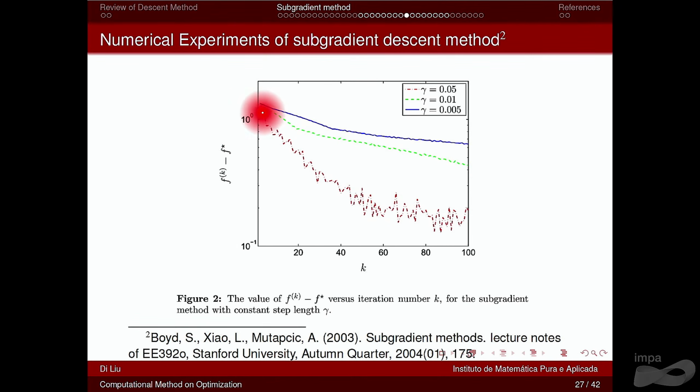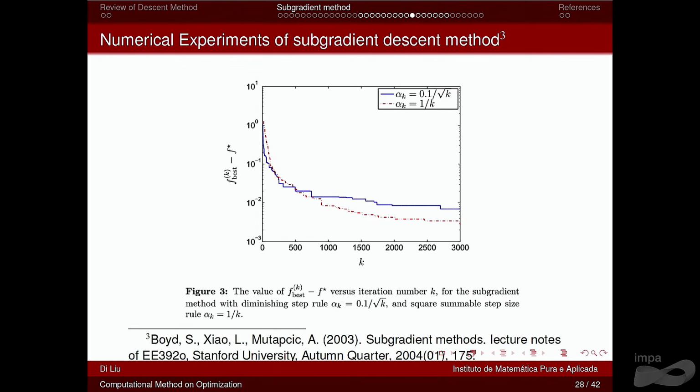When you choose not a very small gamma, which here is 0.05, the function value is not always decreasing. It increases at some steps and decreases at some steps, but on average it is decreasing. This also explains that the subgradient method may not be a descent method.